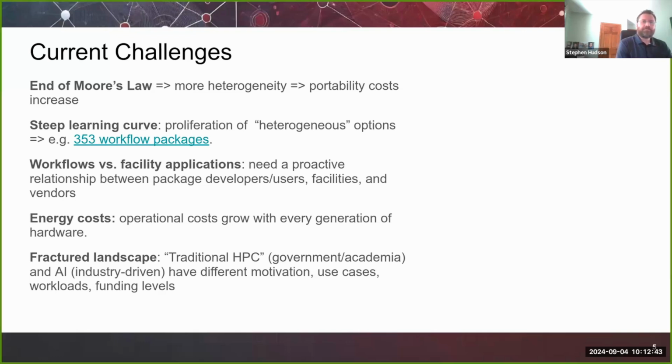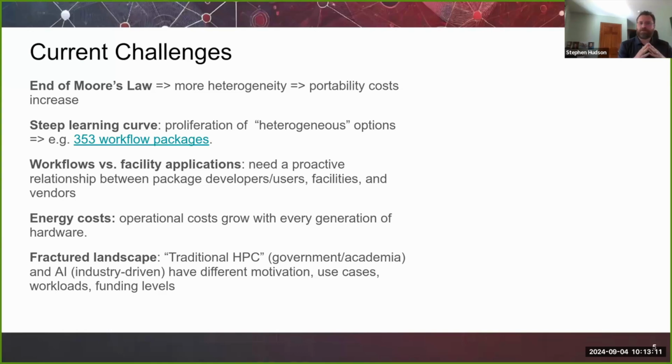Can we find some standard solutions to the resource wrangling, for example? Something like Flux comes to mind, or the resource manager in libEnsemble. I think we need to talk about how we can standardize these solutions. Workflows versus facility applications. So facilities have not always had workflows as a leading consideration. I think that's changing.